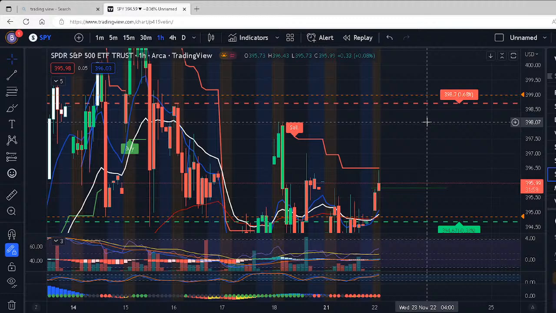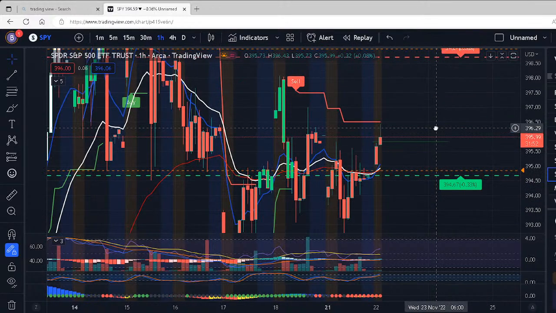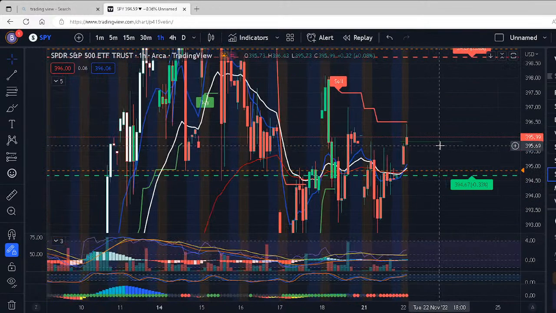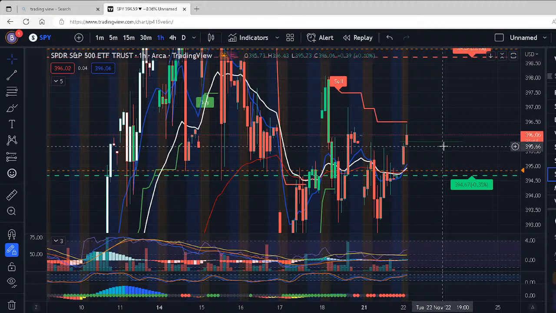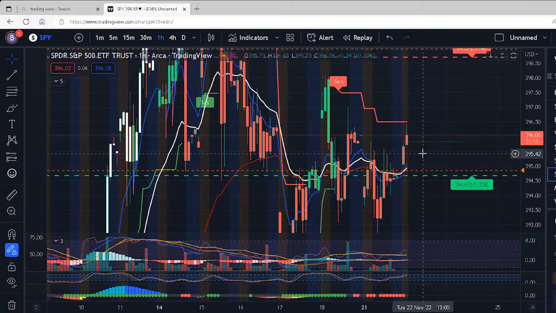Now for the put trigger, I'm writing this out for the Discord, so just bear with me. I want to see it below, obviously, the previous day high. So 395.66 will be the put trigger. The first price target will be 395.14.